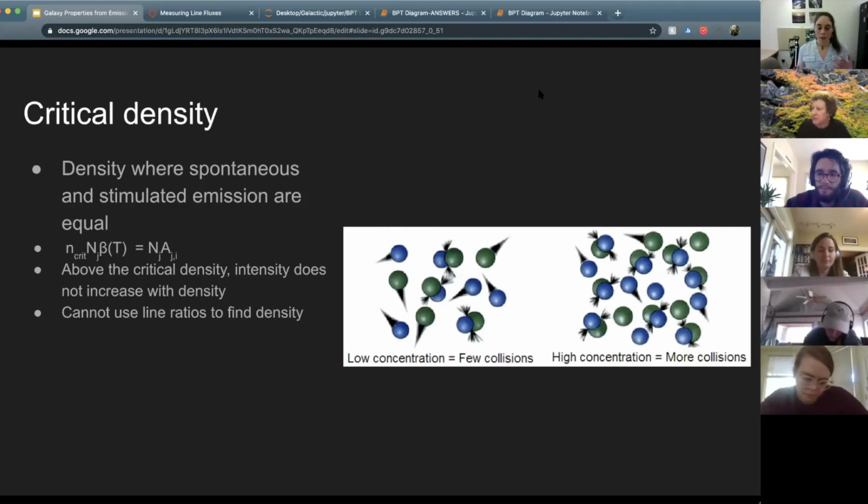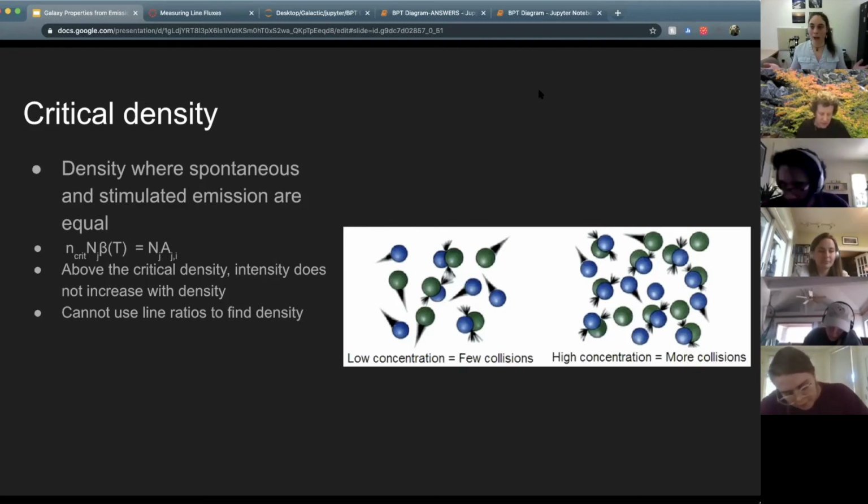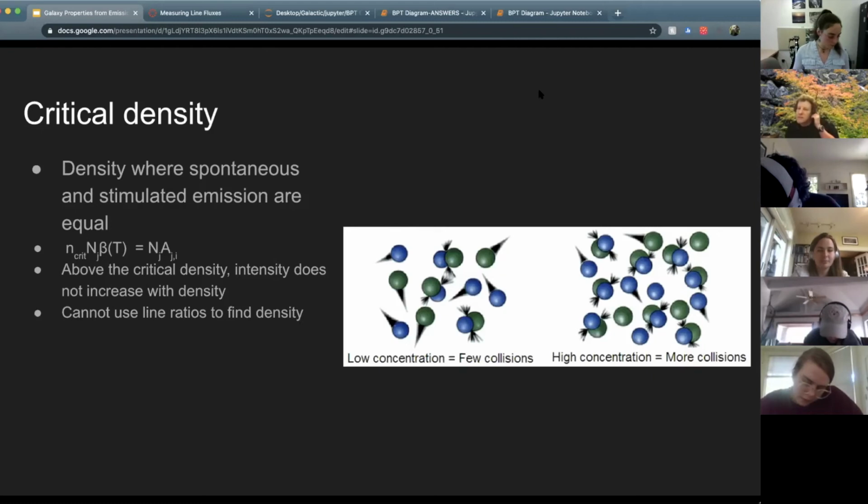So that doesn't have to be an electron density. In the neutral phases, it might be a hydrogen density, and the math still works. It's whatever your collisional partner is, whether that's electrons in the ionized phases or hydrogen atoms in the neutral phases, or maybe molecular hydrogen if you're in the molecular gas.